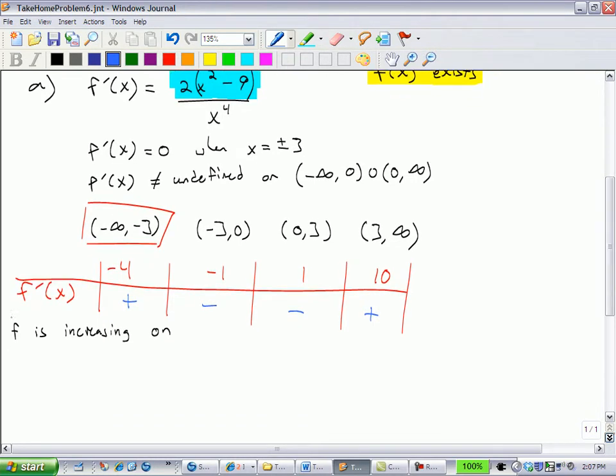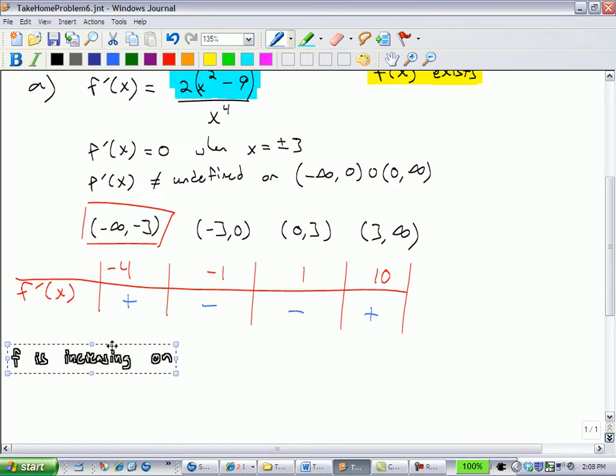Now, this is the part that's probably going to annoy you a little as to how much detail you have to give here. But I'm going to say f is increasing on... Somebody want to grab that? Thank you, Mark. Well, how many intervals did we say? 2.